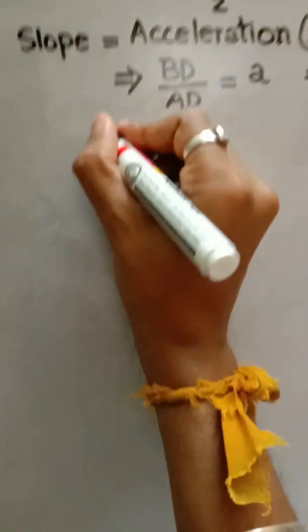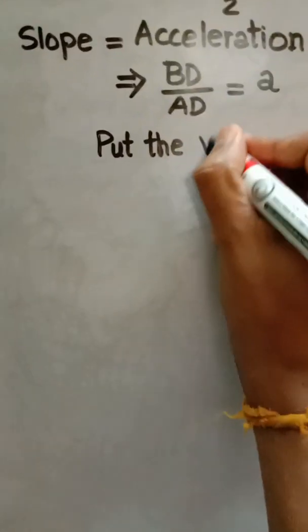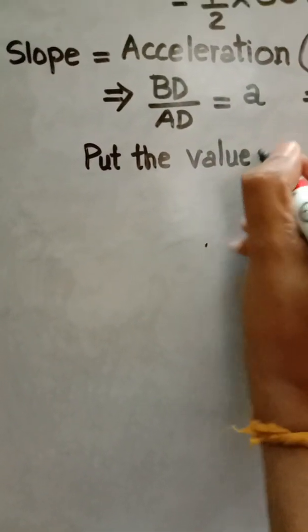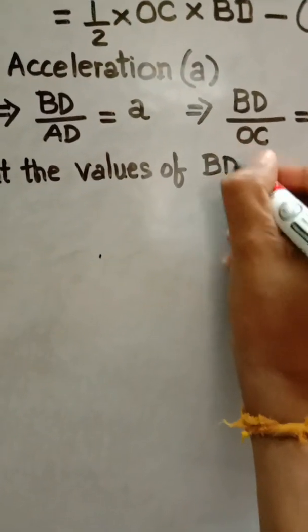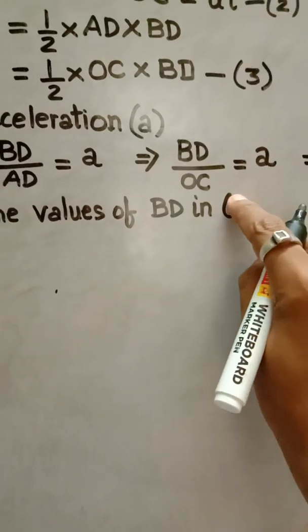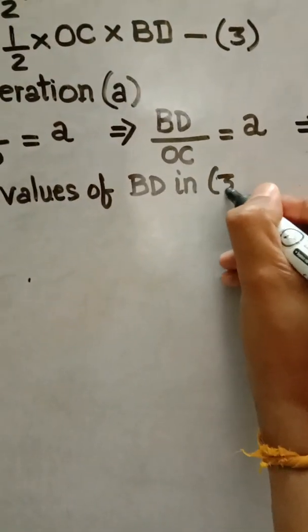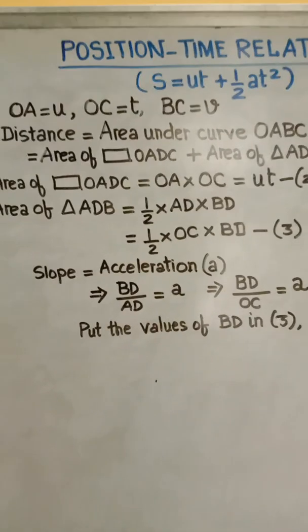So now if we put the value of BD in equation 3, what will we get?